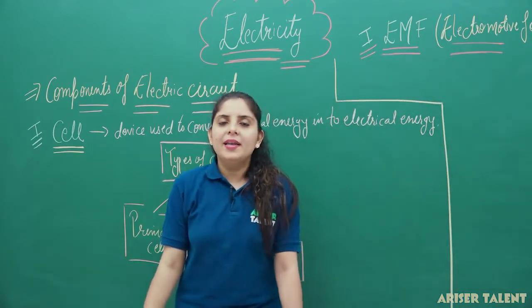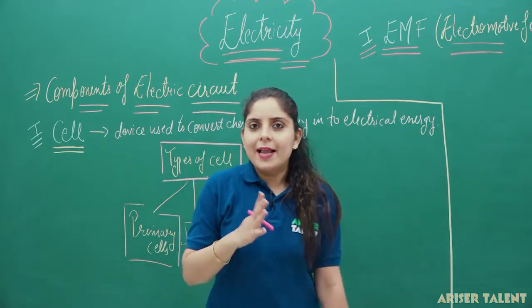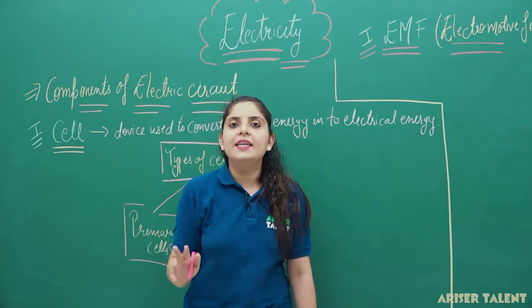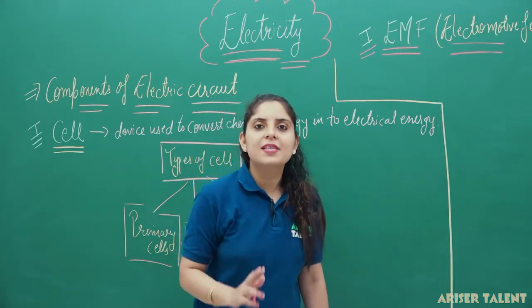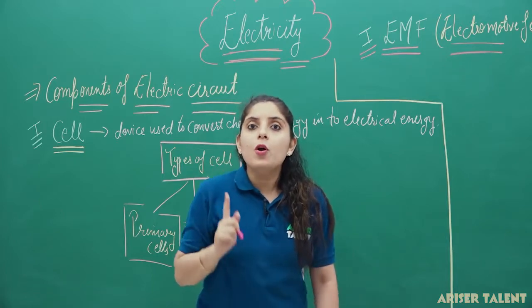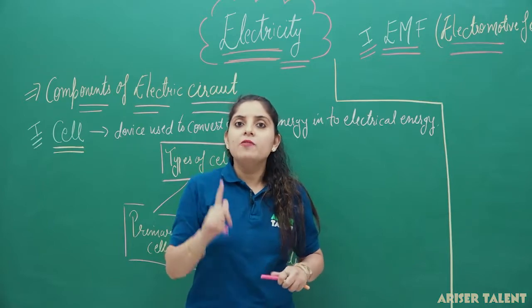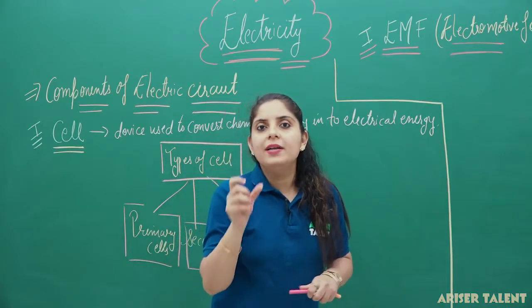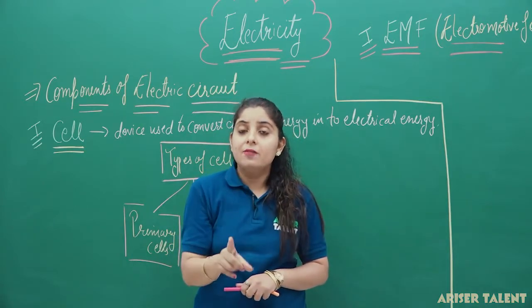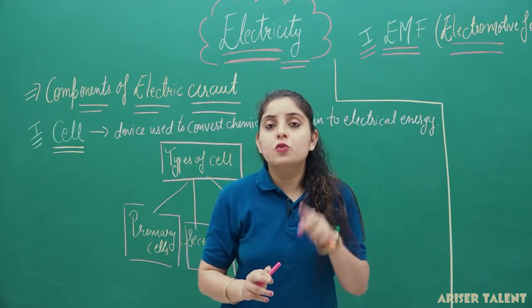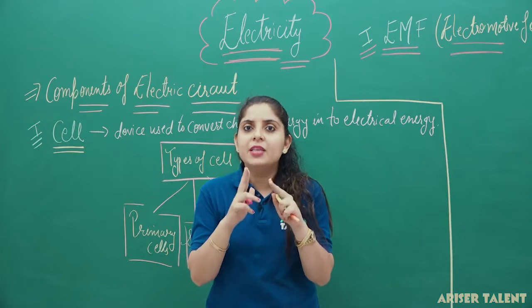Whenever you draw any circuit, you are using electrodes in the circuit. So, the potential difference which is created between the two electrodes of the circuit when no current is drawn, it means the circuit is open. If the circuit is open, we call it the EMF of the cell. But if the circuit is closed, we call it the potential difference. So there is a huge difference between these two terms.